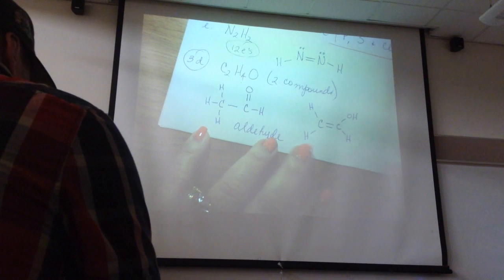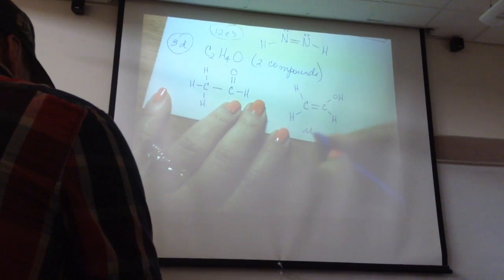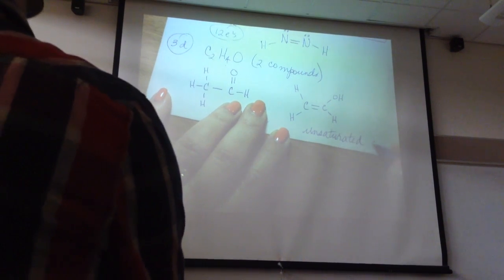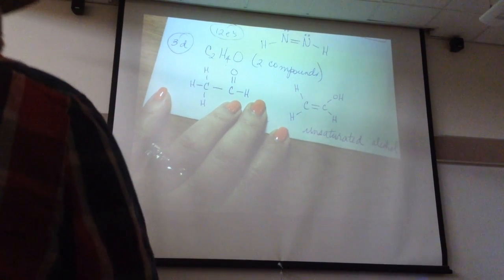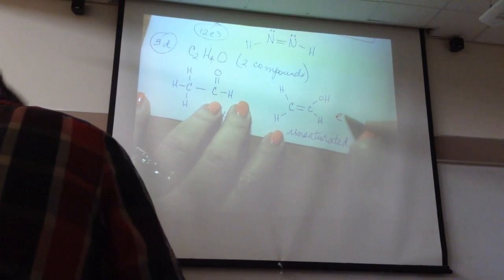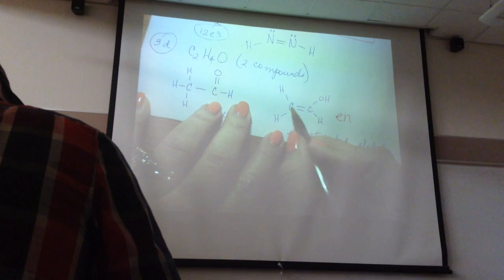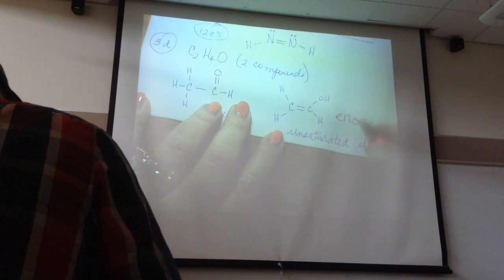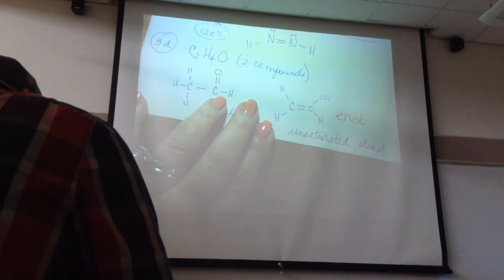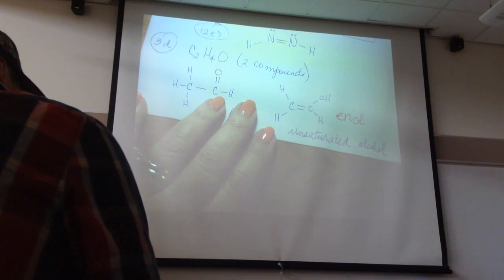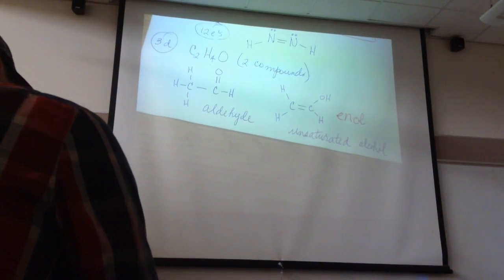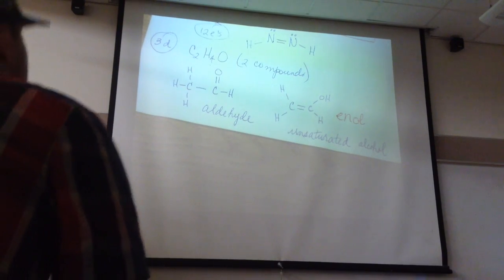This guy would be called an unsaturated alcohol. This actually does not exist. This one would be called an ene for a carbon-carbon double bond. All for the alcohol. This is the last chapter in your Chem 4, so this will be the last chapter that we have to study. Right now, all we need to do is just recognize them.